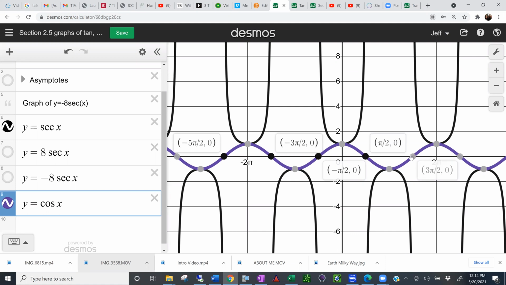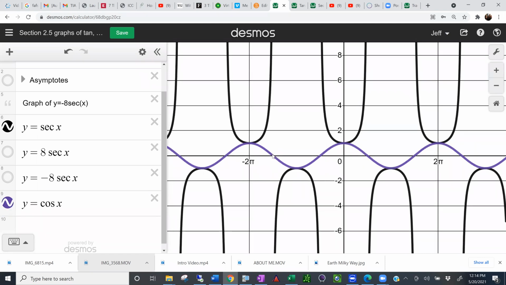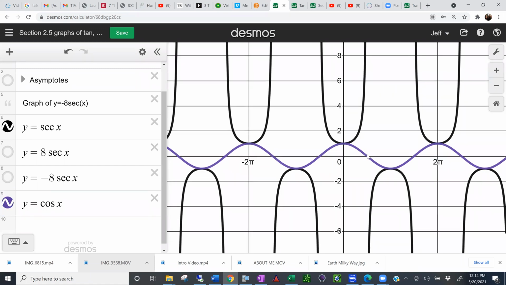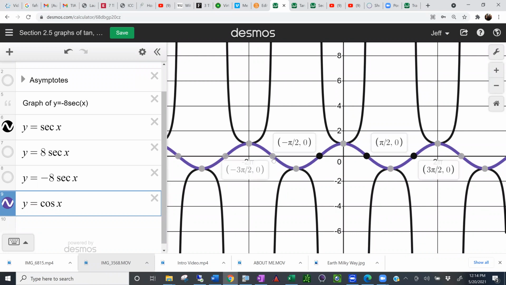So it's a nice way to predict where the graph of secant is going to have its vertical asymptotes. And if you're sticking strictly to the interval negative 2 pi to 2 pi, then there's going to be 1, 2, 3, 4 vertical asymptotes, precisely where the cosine is equal to 0 in that interval.